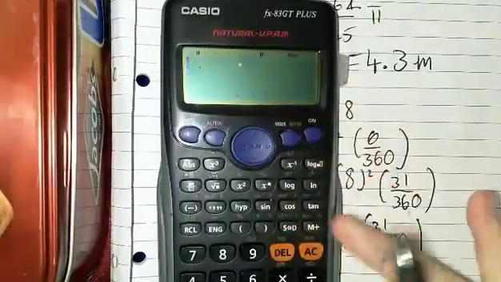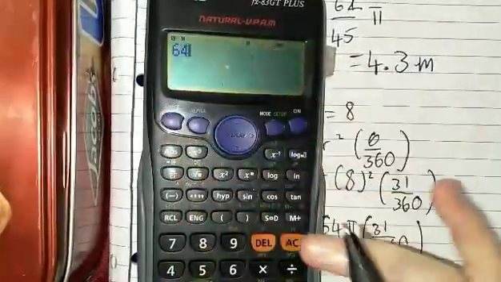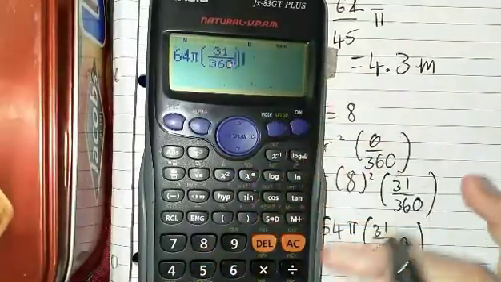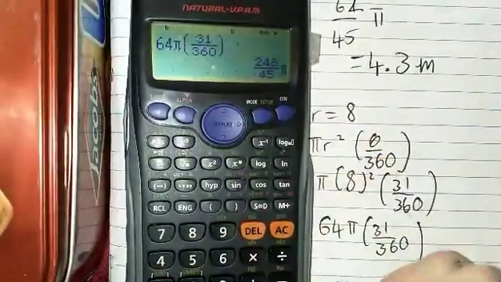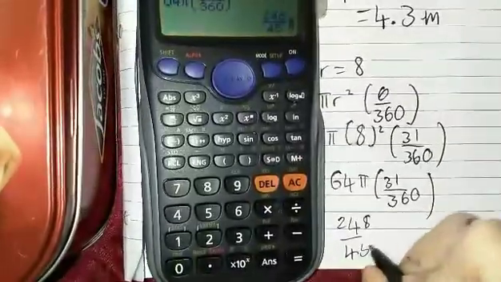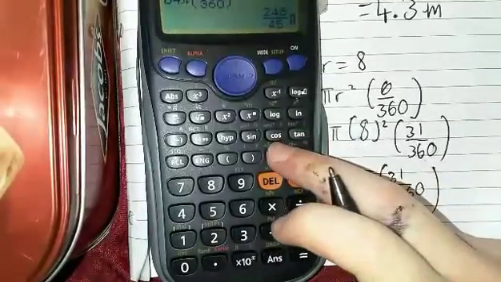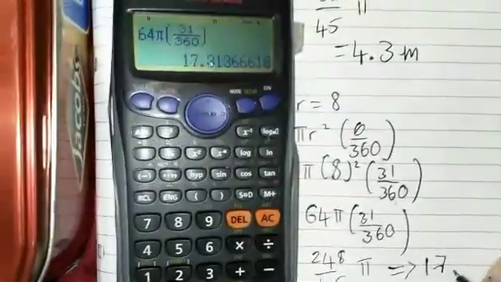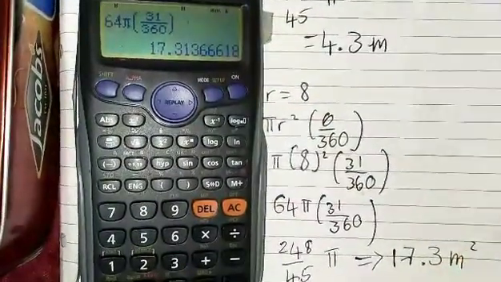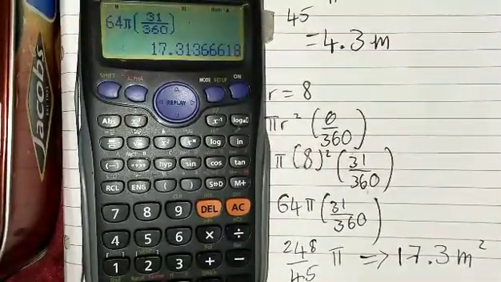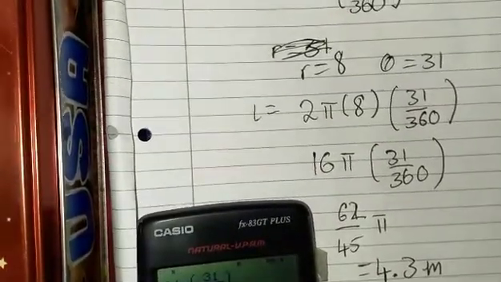If I plug that into my calculator, I get 248 over 45 pi, or correct to one decimal place, that would be 17.3 meters squared. So that is the area of my sector, and that is the end of that question.